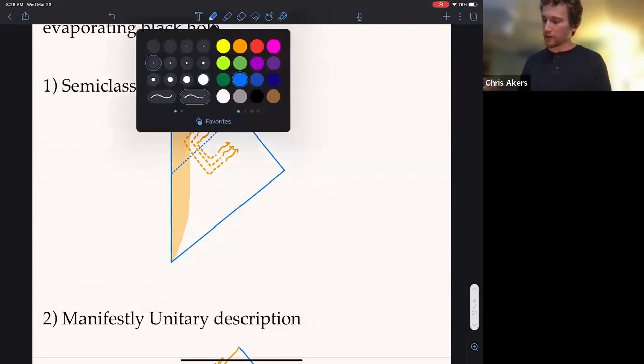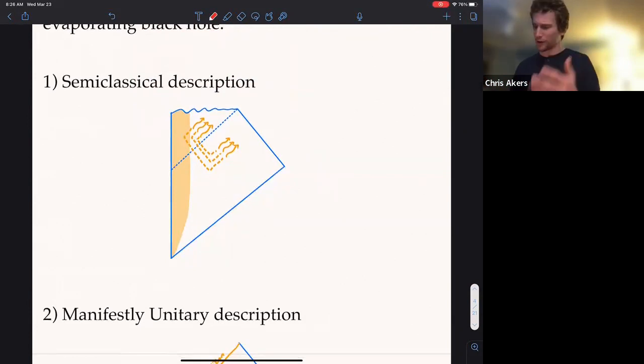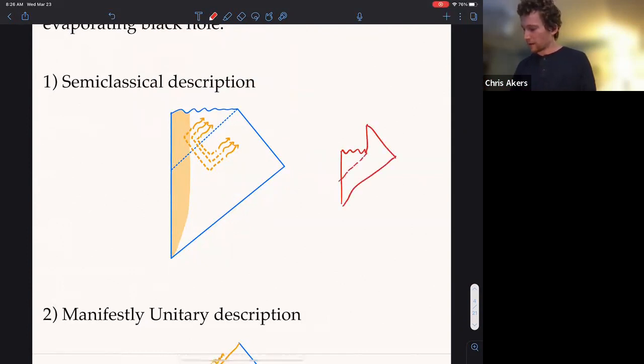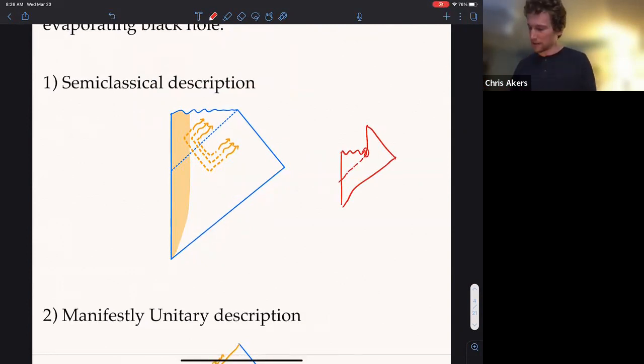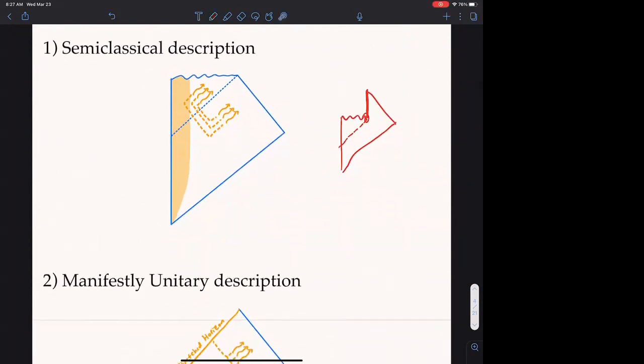If I really wanted to draw the typical cartoon picture that might be more satisfying, there are a lot of different ways of drawing it, but it might look something like this, where the event horizon ends at this point, but it doesn't touch Scri plus, and this vertical line right here is like r equals 0 again. That's one way of drawing this cartoon evaporating picture. If it evaporates, the event horizon won't reach out to Scri plus. Okay. Yeah. Thank you.